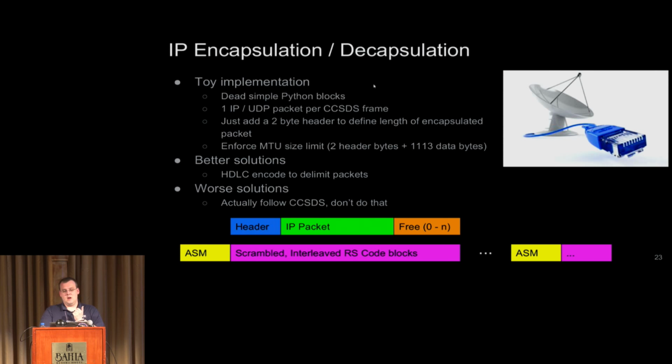I've got a 2-byte header that just defines the length of the IP packet to follow, and the rest is just fill data. So really, I'm only allowing 1 IP frame per CCSDS frame right now. A better way to do this is to use HDLC or some other sort of byte delimiting protocol.